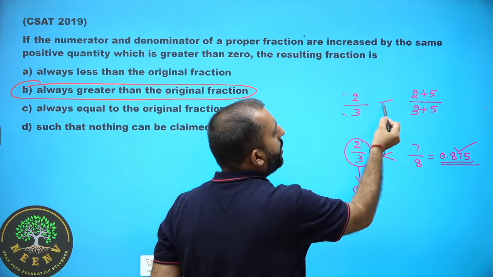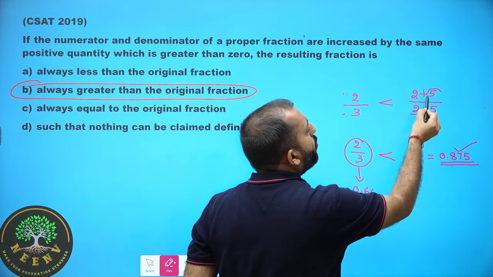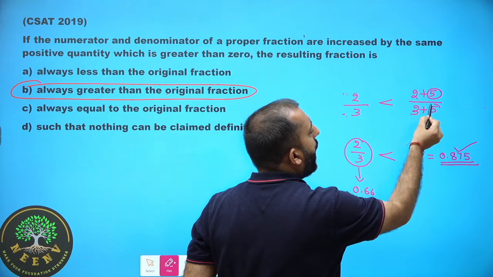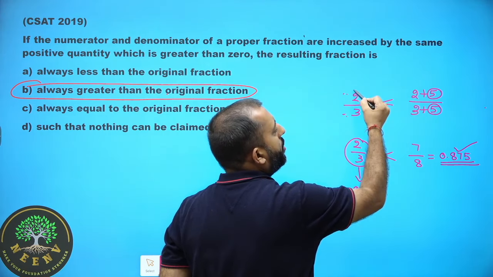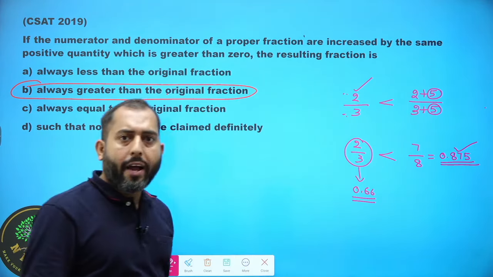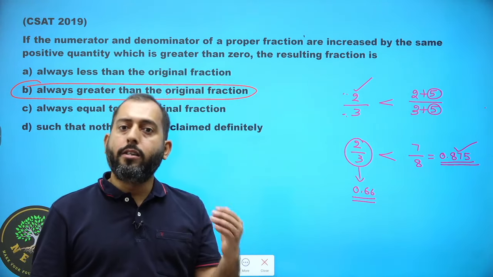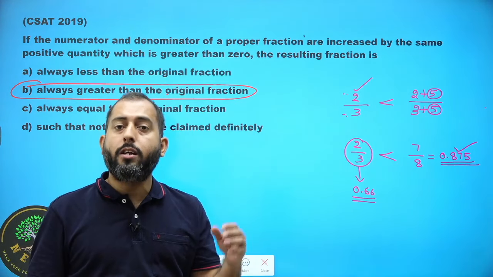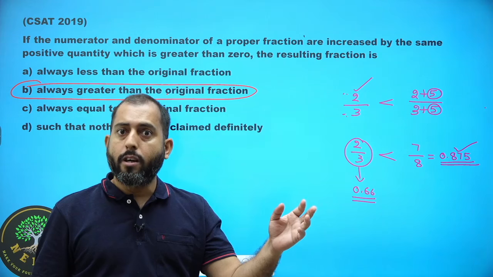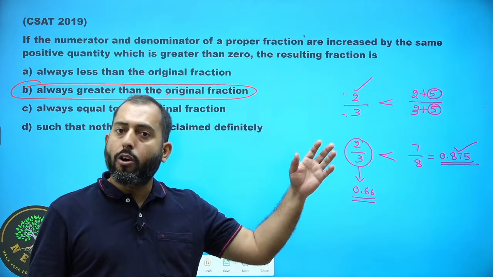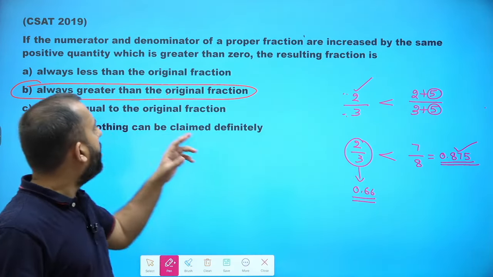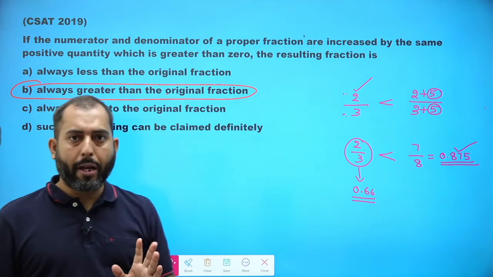Which means if we add the same quantity to numerator and denominator of a proper fraction, then the resultant fraction will always be greater than the original fraction. Hence, the answer of this question is option B.